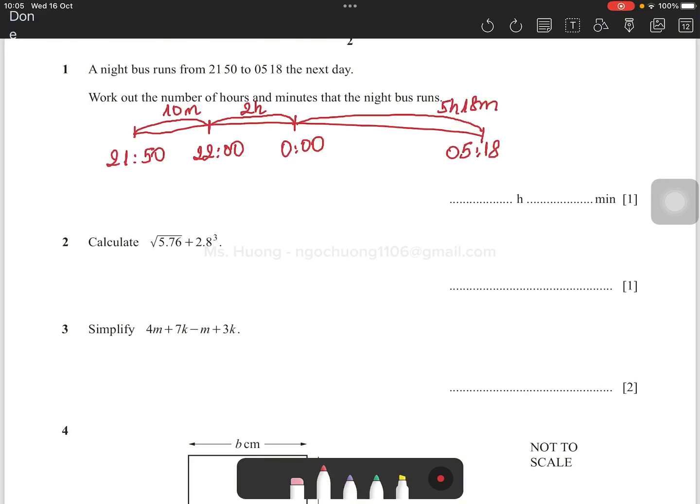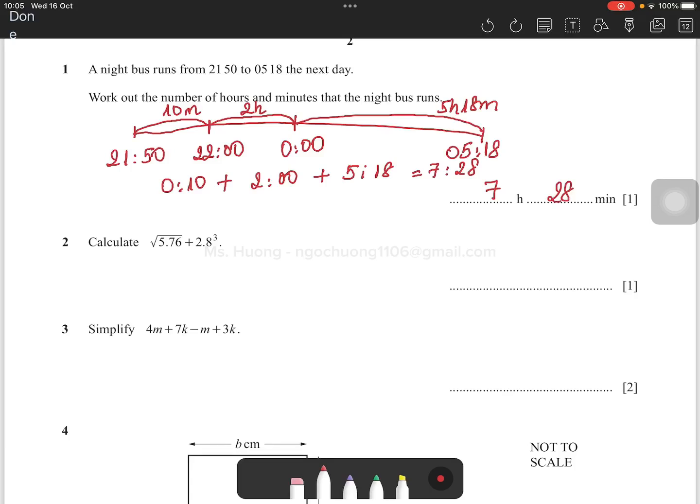So we add up these three intervals together. 10 minutes plus 2 hours plus 5 hours and 18 minutes is equal to 7 hours and 28 minutes. So the answer is 7 hours 28 minutes.